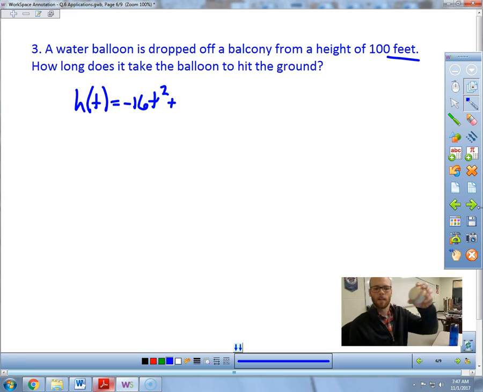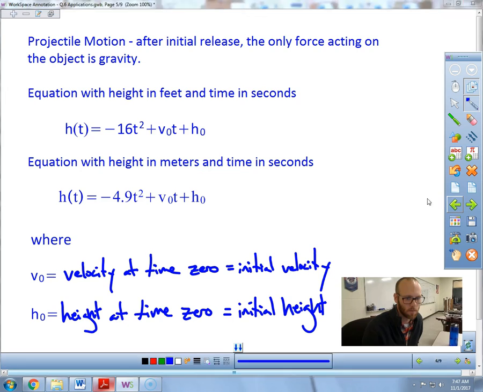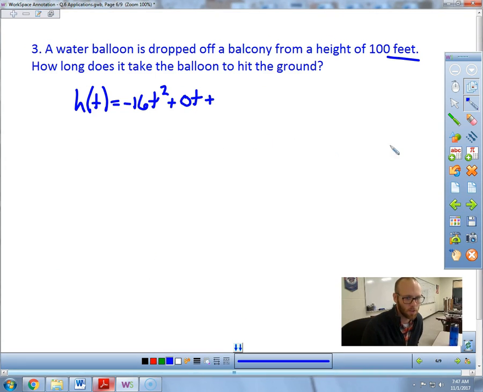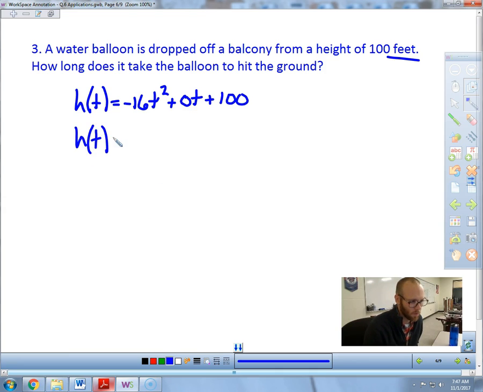What did we say that initial velocity is when we're dropping it? We said it's 0. So 0t plus h sub 0, the initial height, that's plus 100. So in other words, the function for our height with respect to time is -16t squared plus 0t, that's gone, plus 100.